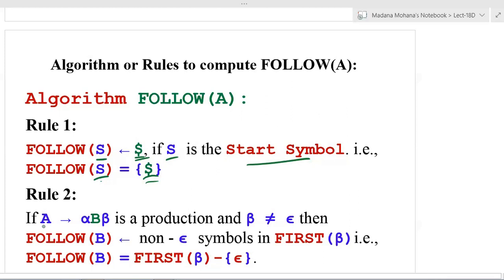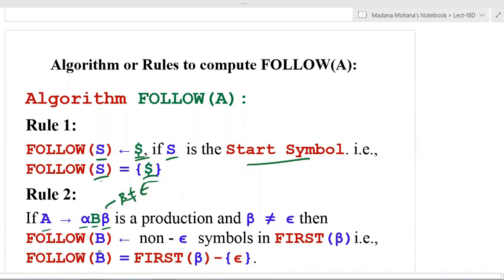Then rule 2, if the production is of the form A derives alpha variable B beta, here beta not equal to null. That means beta compulsorily contains some symbols other than null. Then only you can apply this rule.